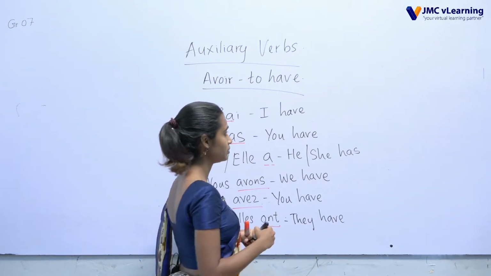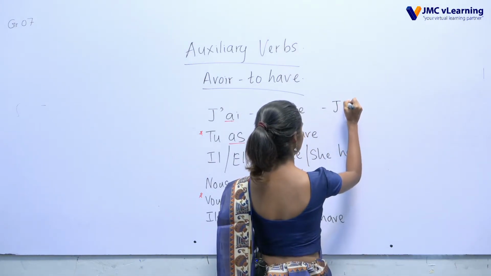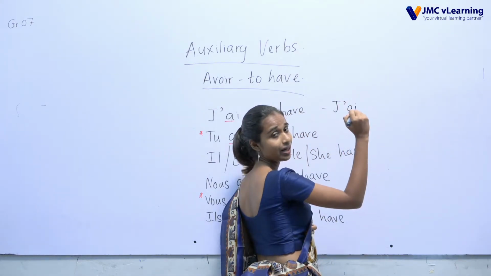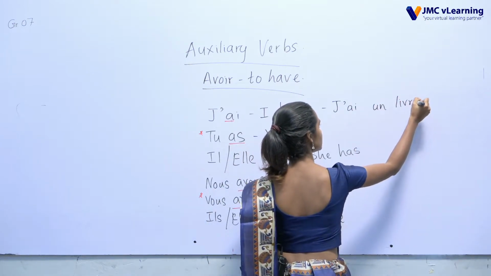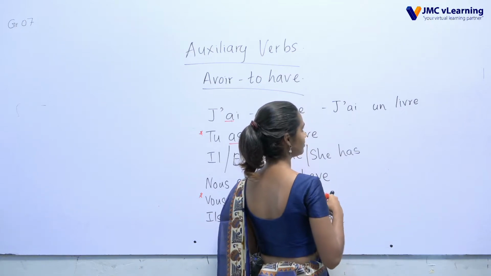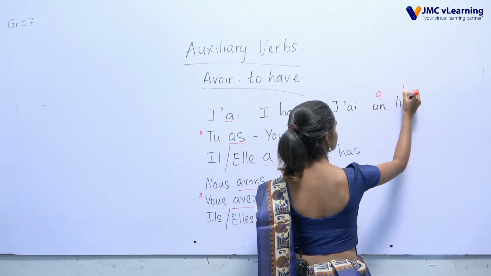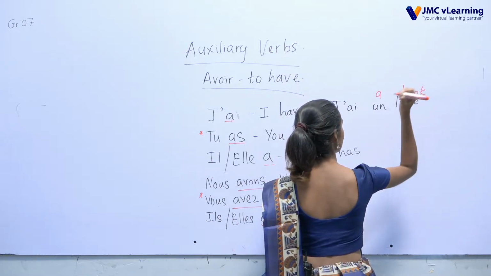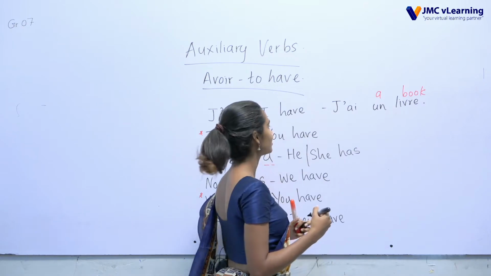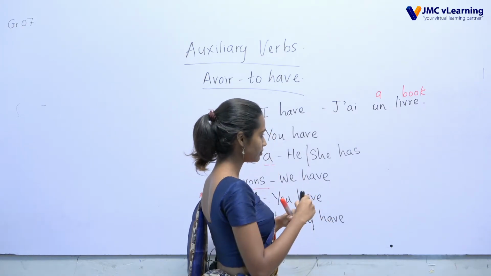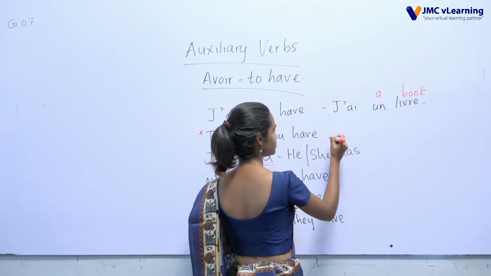I have a book. J'ai un livre, which means I have a book. What does un livre mean? A book. Right? You have a pencil.